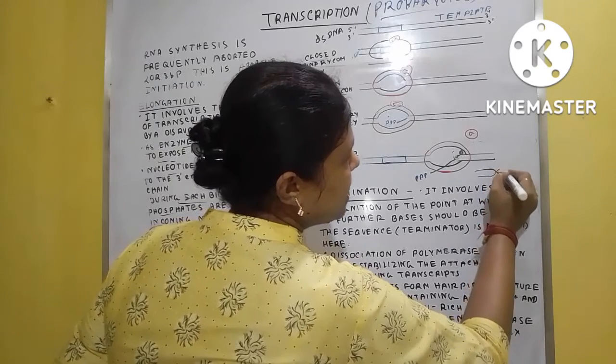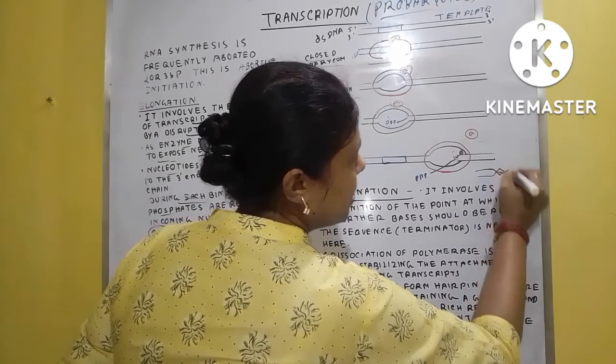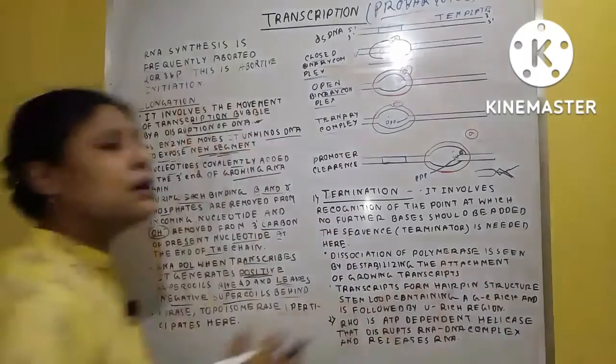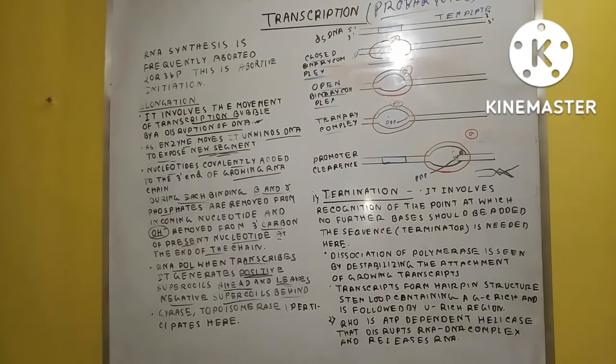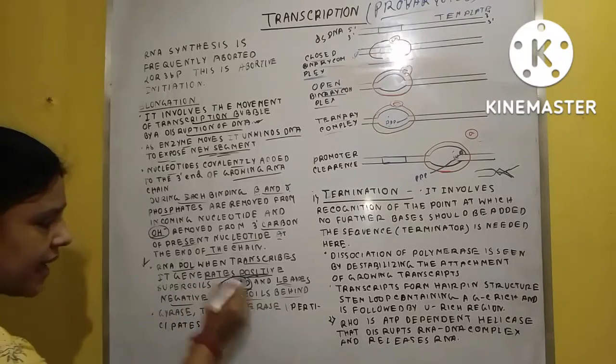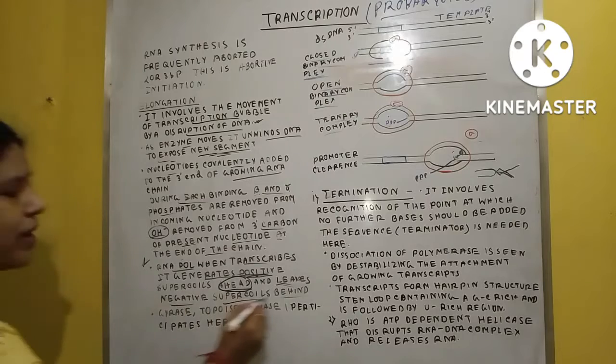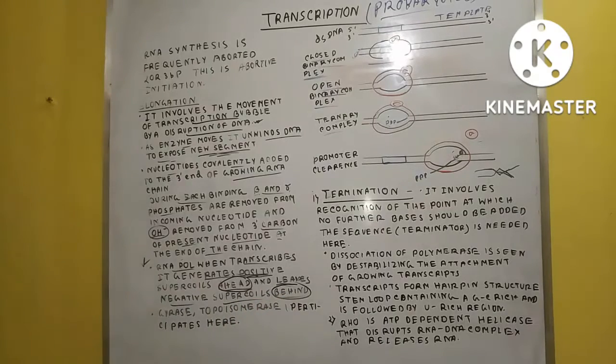So it unwinds and then again supercoil is formed. This is very important, and RNA polymerase is involved here. It generates the positive supercoils ahead, obviously ahead, and leaves the negative supercoils behind. Clear? Leaves the negative supercoils behind.